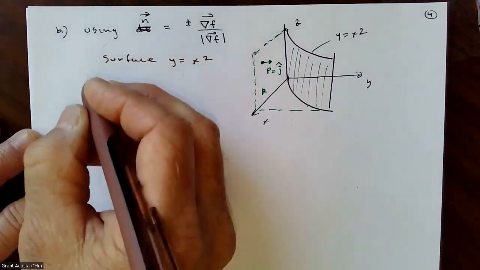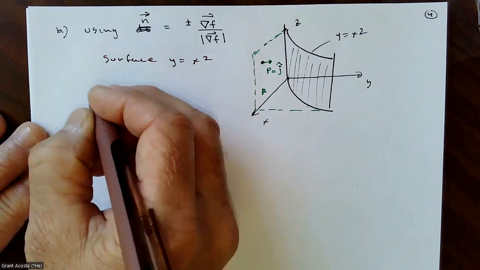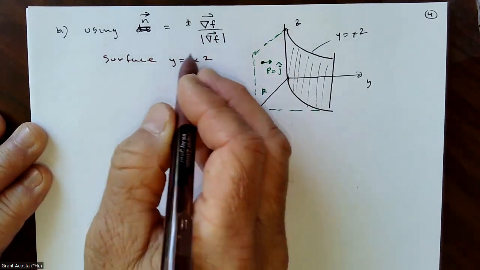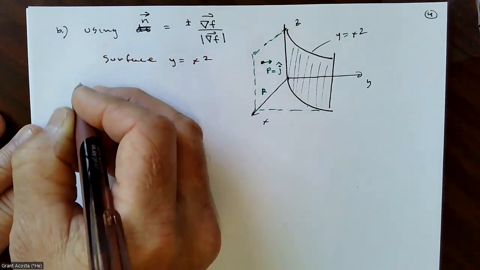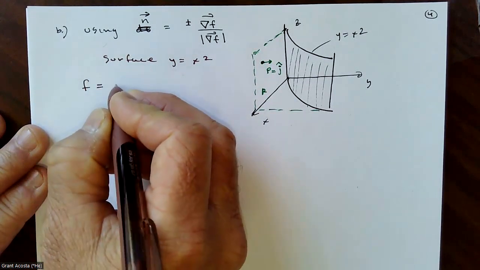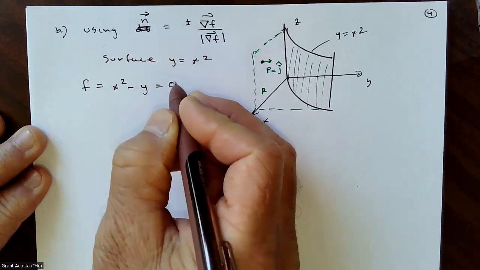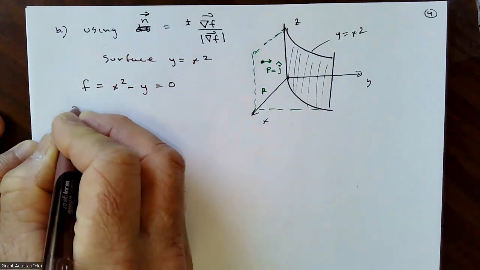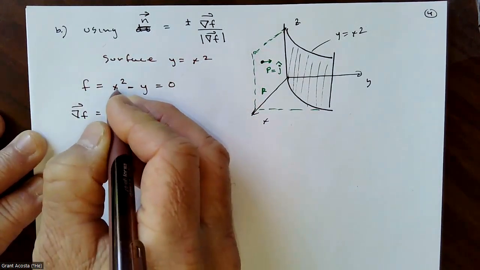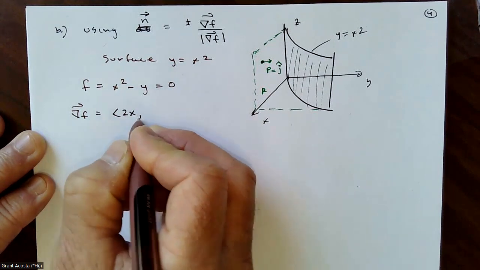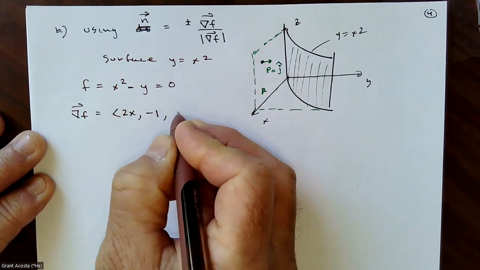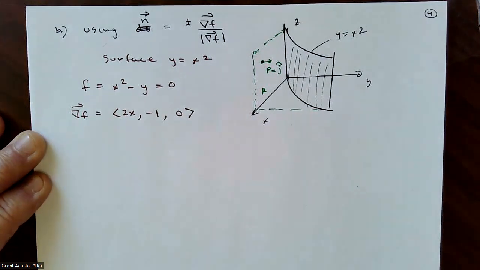So then the gradient, now remember for an equation like this that doesn't have z in it, you can still think about f being the function x squared. If I move the y over, set that equal to 0, I can still talk about the gradient vector being the three partial derivatives: partial derivative with respect to x, with respect to y, with respect to z.